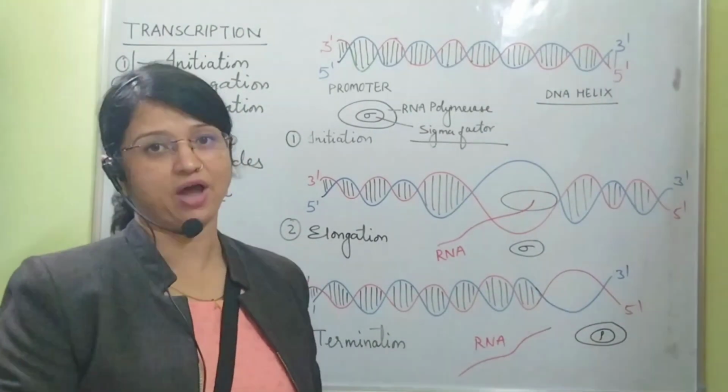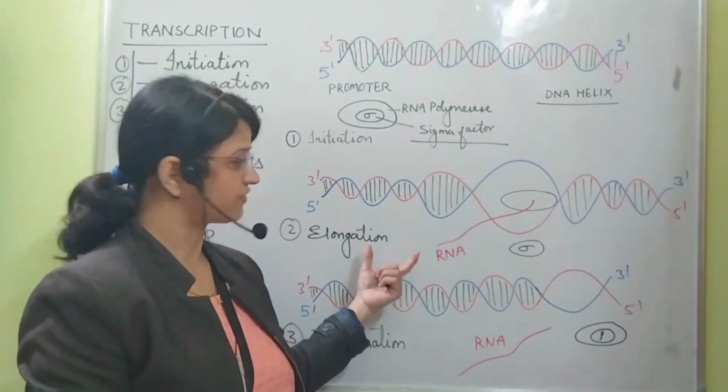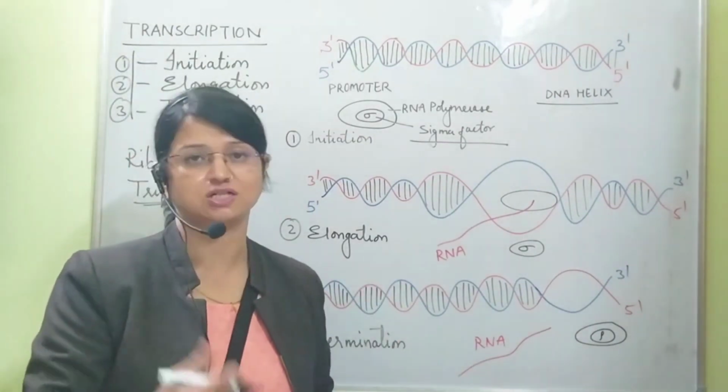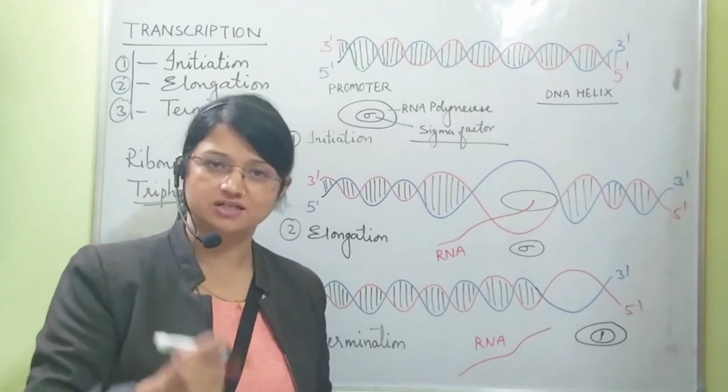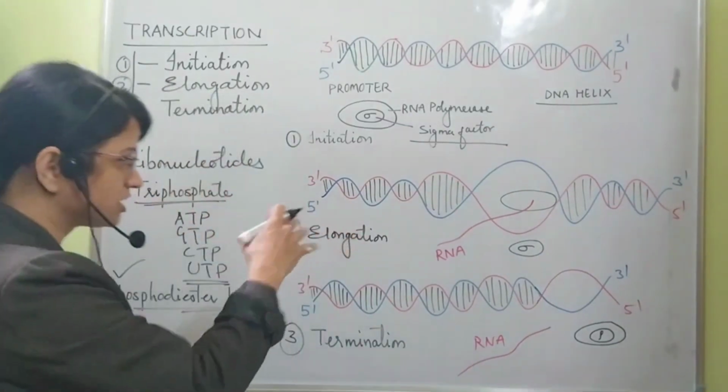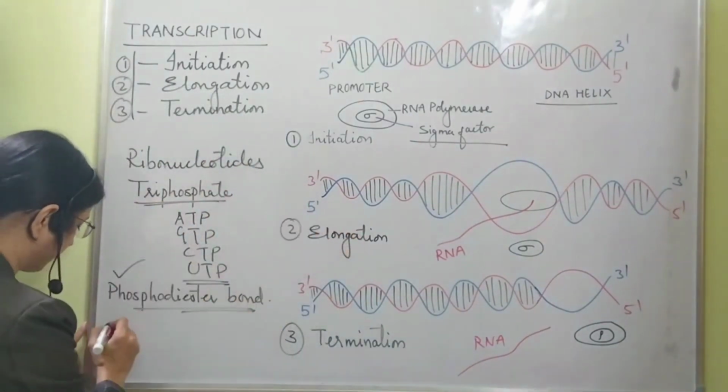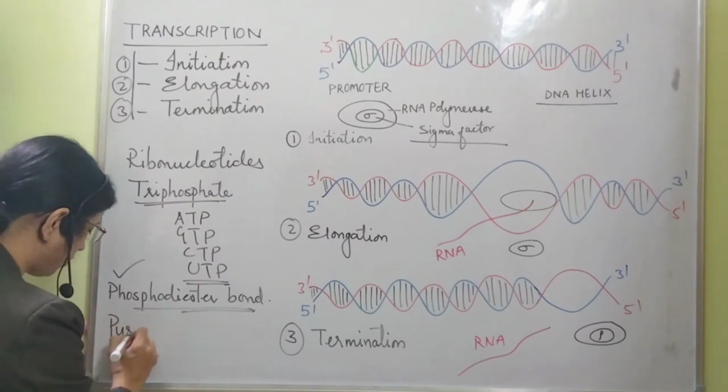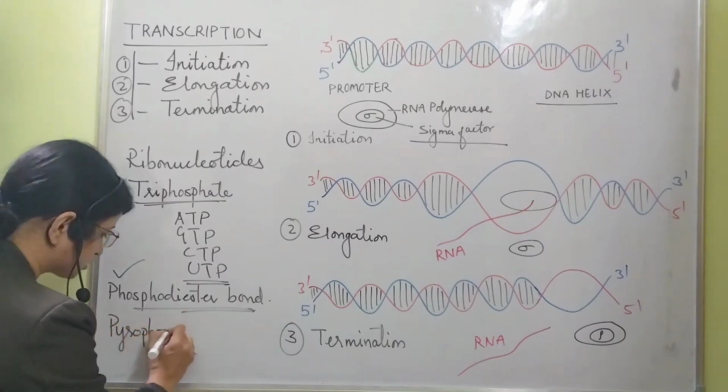My dear students, one thing you have to remember: this process of transcription requires energy, and how will this energy be met during this process? For that, remember an enzyme, pyrophosphatase.